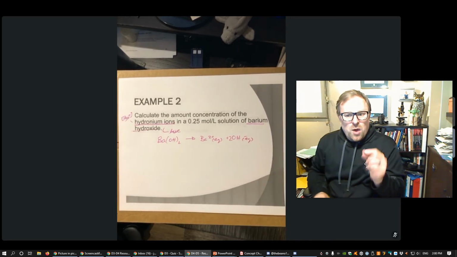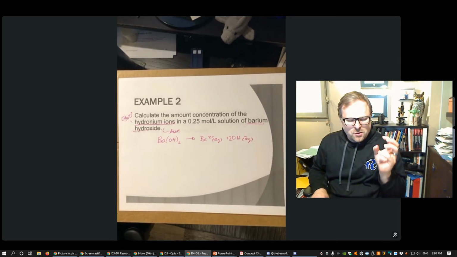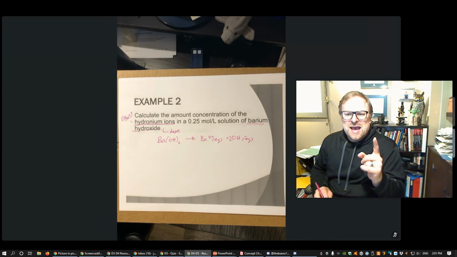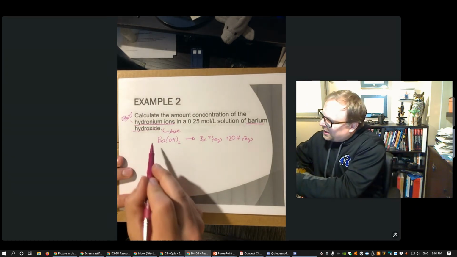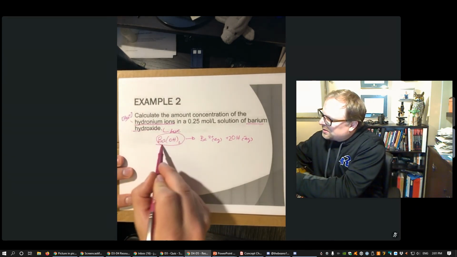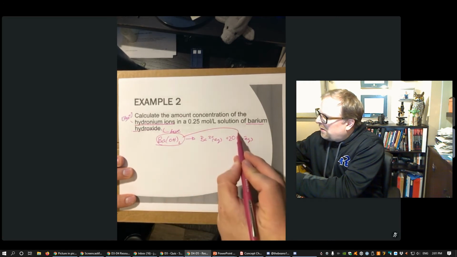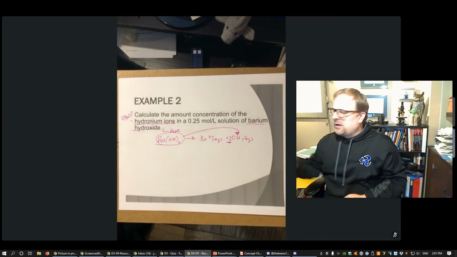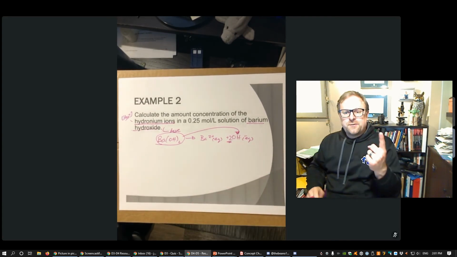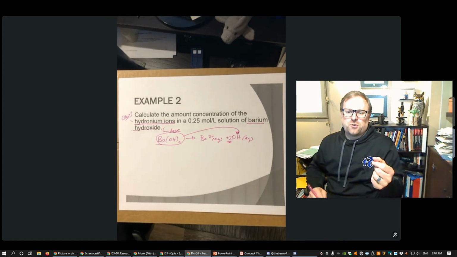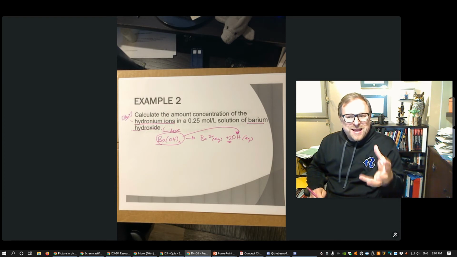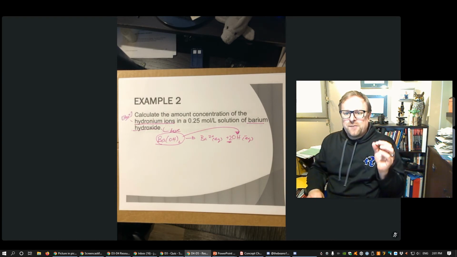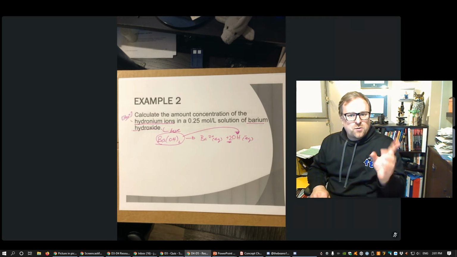Why I'm pointing that out, and why I think it's so important, is that whatever the concentration of the barium hydroxide is, the concentration of the hydroxide ions is 2 times that amount, because there are 2 hydroxides for every 1 barium hydroxide. So when it dissociates, we have 2 times the hydroxide ions as barium hydroxide.